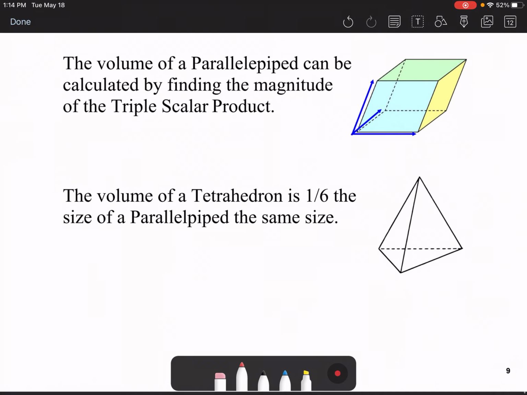Okay, so some other applications of the cross product. The volume of a parallelepiped, which is drawn over to the right here, can be calculated by finding the magnitude of the triple scalar product.